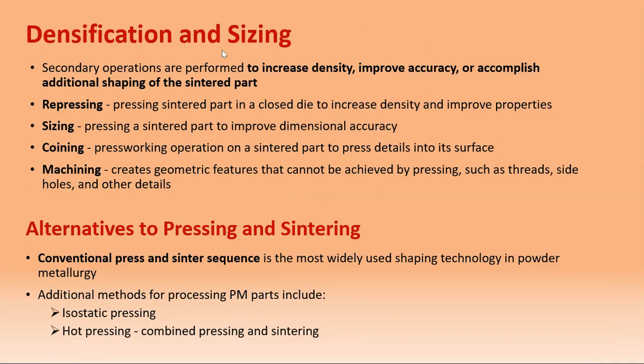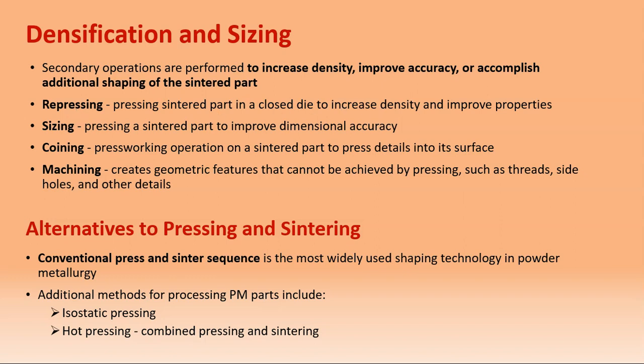Densification and sizing. Sometimes secondary operations are performed to increase density, improve accuracy, and accomplish additional shapes of the sintered part. Maybe they have to put holes, or drill, or do some boring process. So they sometimes have secondary operations. Sometimes they have repressing to increase the density.